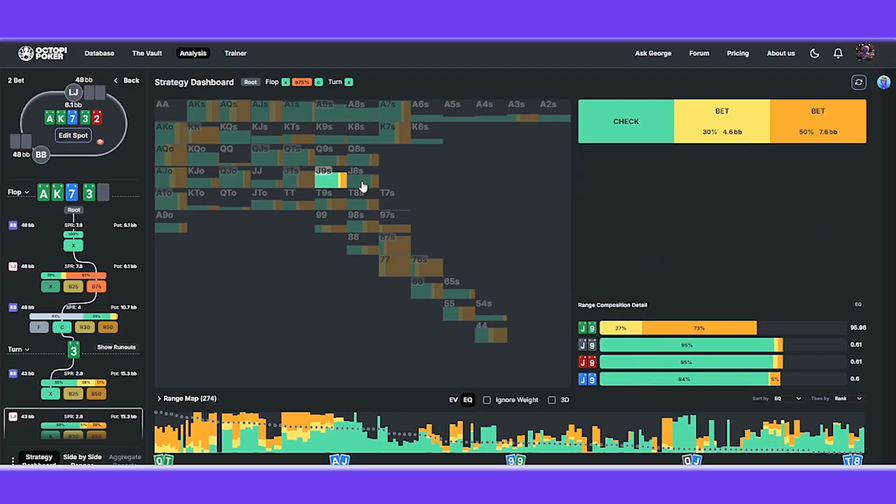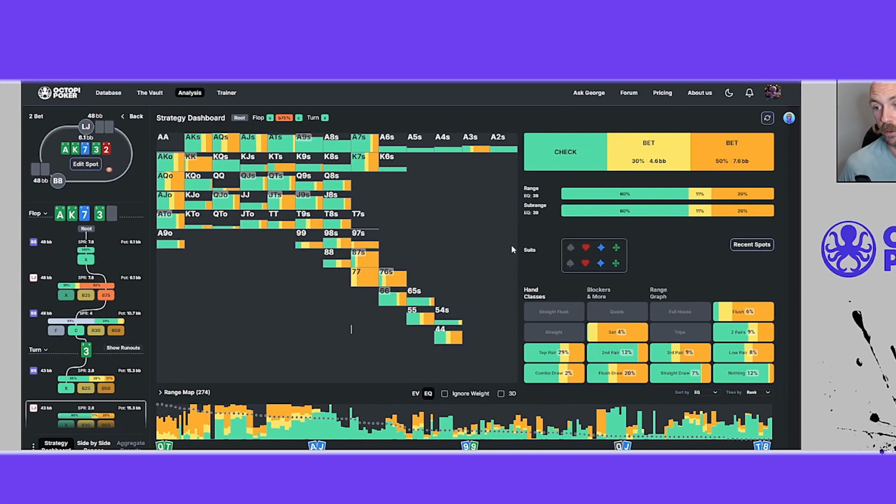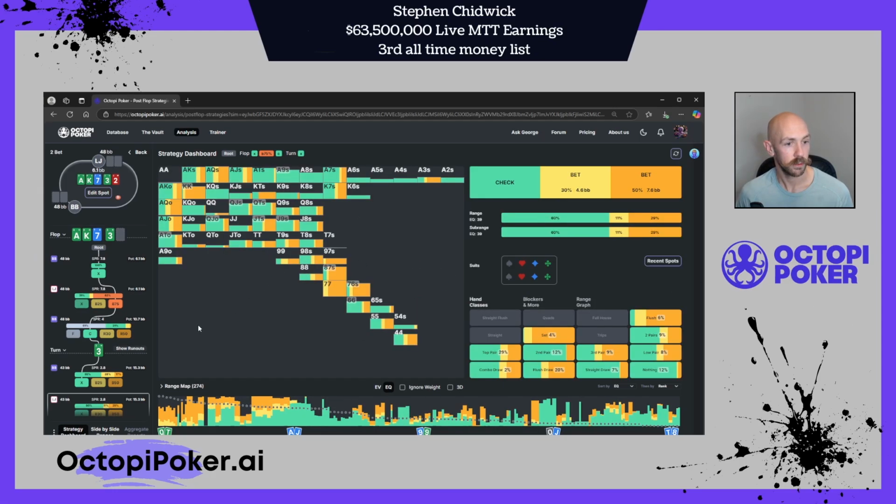And we might want to be very unbalanced towards value when we bet the turn. That would be a good takeaway from looking at the sim, even though our opponent isn't playing in a GTO way.